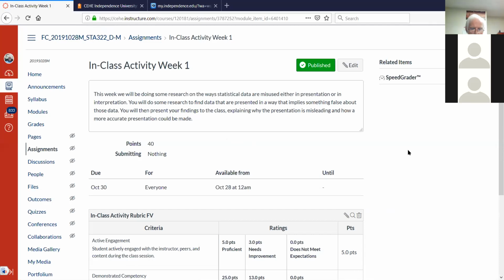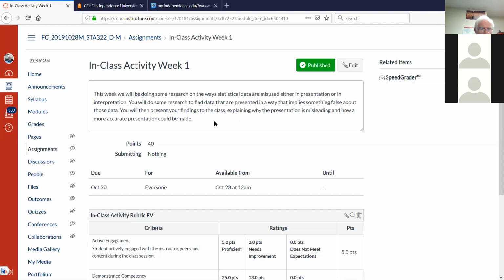We were supposed to do an in-class activity, so what I'm going to do is make this an assignment. I would not spend more than an hour on this, to be honest, but I would like you to do this. That's what we would spend in class. Find a presentation or interpretation of statistical data that's bad.